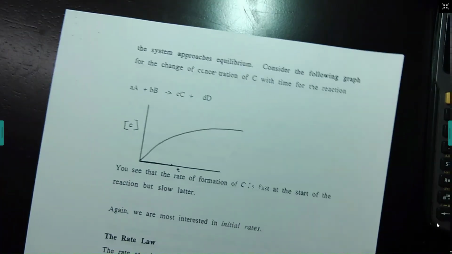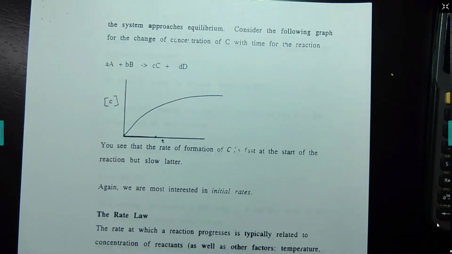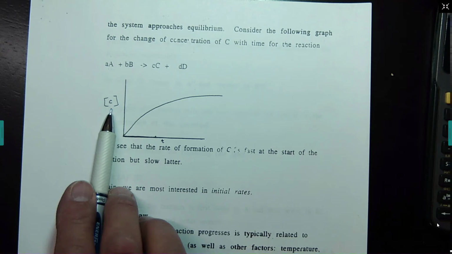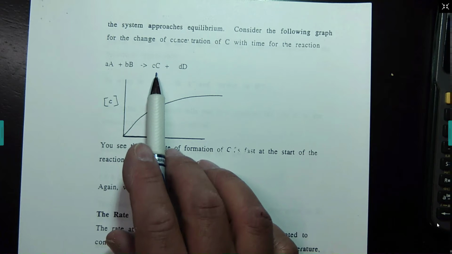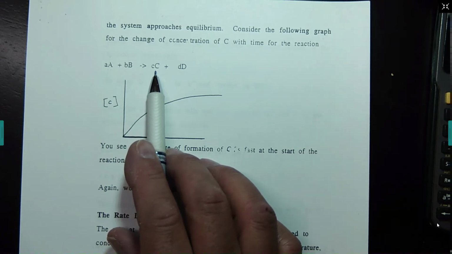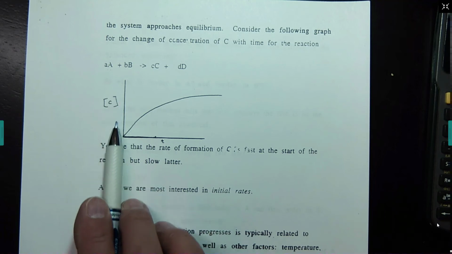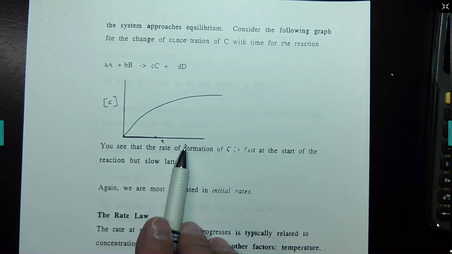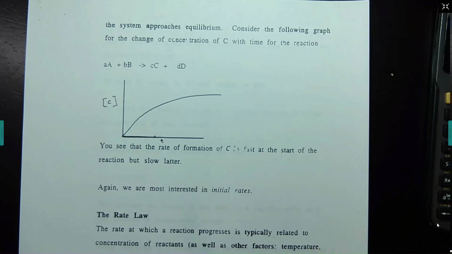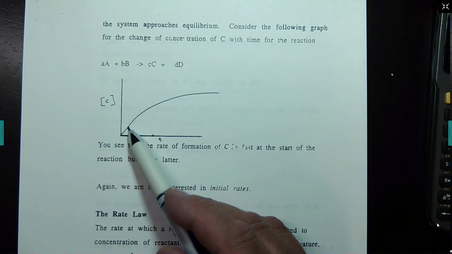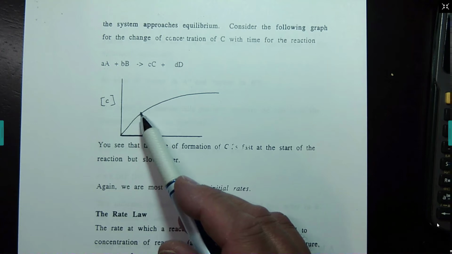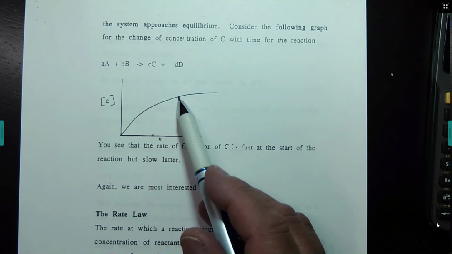If you look at the next page here, this is giving you a graph, the concentration of C, one of the products. This would be looking at the rate at which you're forming C. You've got the concentration of C here, time here, and if you make a graph of concentration versus time, for most systems it starts off as kind of a straight line. It looks like a straight line, but over time you realize it's not, it's a curve.